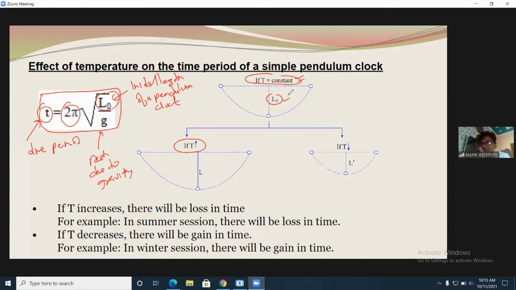Listen carefully, then it will be clear, otherwise you will be in doubt. Since the length is increasing, this pendulum takes more time to complete one oscillation.